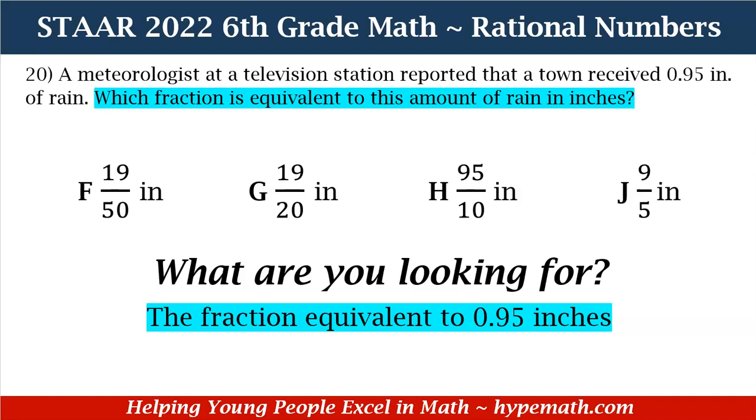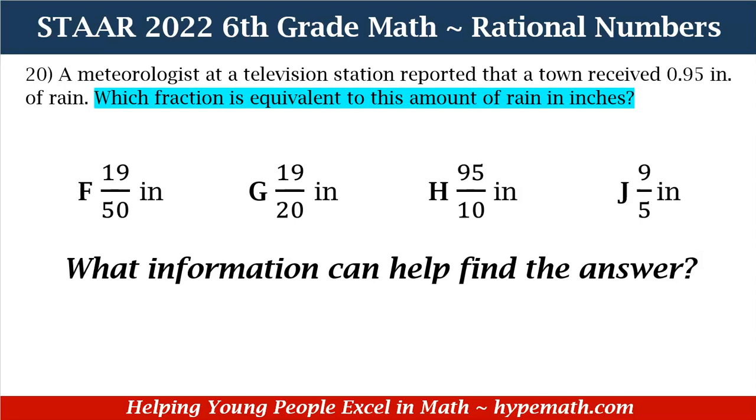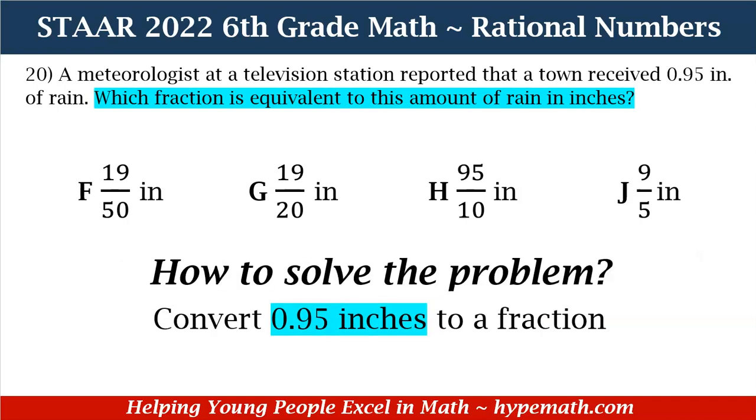Okay, now that we know what we're looking for, the next thing we need to do is discover what information can help find the answer. And it's just knowing that we have the 0.95 inches, and what we need to do to solve the problem is convert it to a fraction. Let's dive in and do that now, okay?